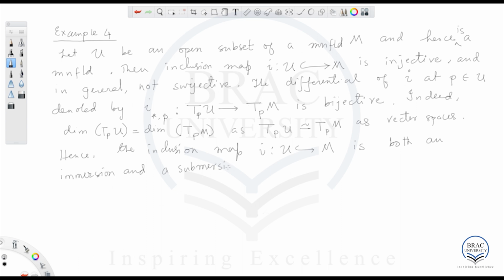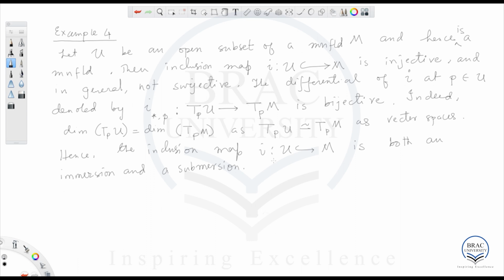Okay. So this inclusion map is both an immersion and a submersion, which may fail to be a surjective map, right? Because this inclusion map is in general not surjective.